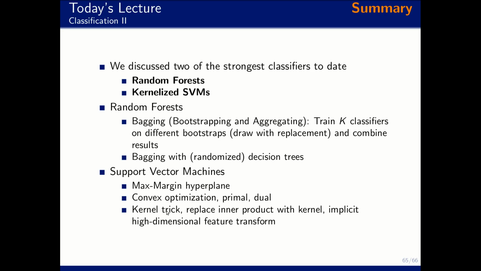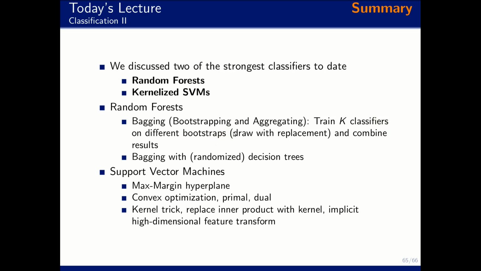To summarize today's lecture, we discussed two of the strongest classifiers to date, random forests and kernelized SVMs. Random forests were essentially pretty simple. They are a bagging technique, and bagging is bootstrapping and aggregating, which means we train K classifiers on different bootstraps.